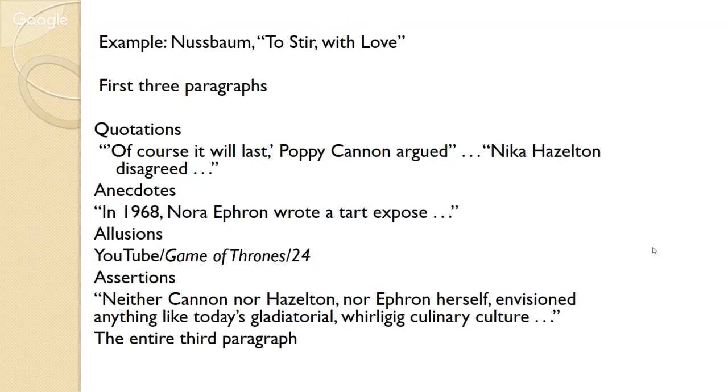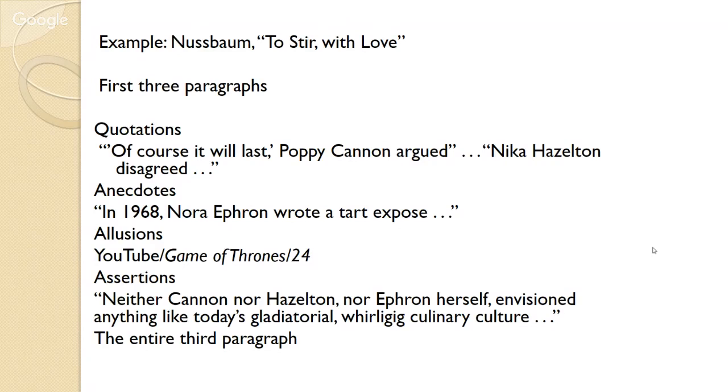If you know Game of Thrones or 24 and how they're very dramatic dramas on TV that involve a lot of conflict and fast-paced storytelling, you can take your understanding of that and apply it to what she's talking about in terms of modern food shows.